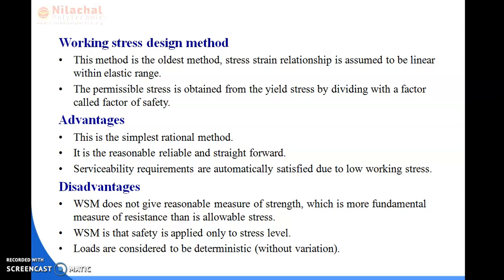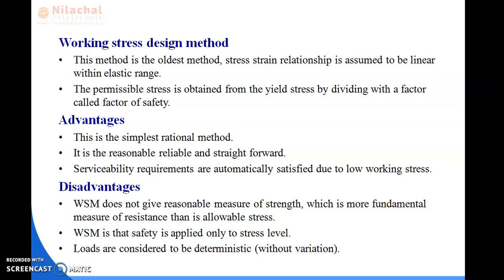The permissible stress is obtained from the yield stress by dividing it by a factor called the factor of safety. The advantage of the working stress design method is that it is the simplest rational method.